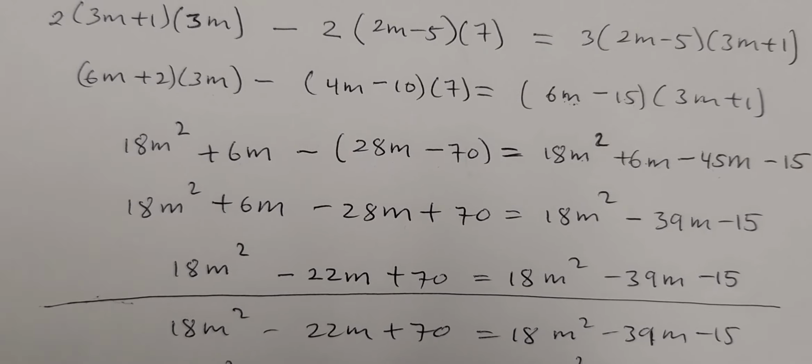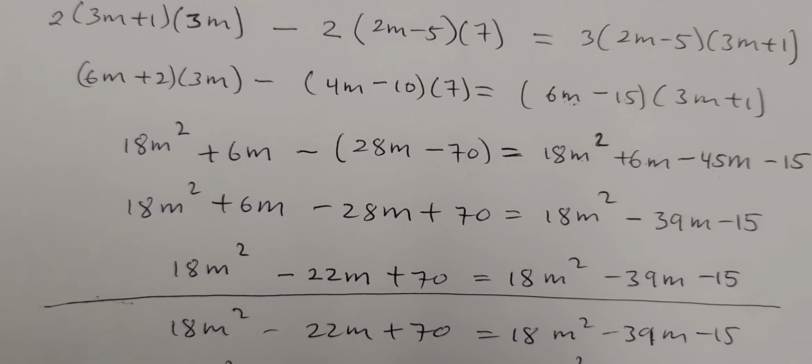On the other side, I will combine like terms. 18m squared, leave that alone. 6m minus 45m gives me negative 39m, and bring down the negative 15.